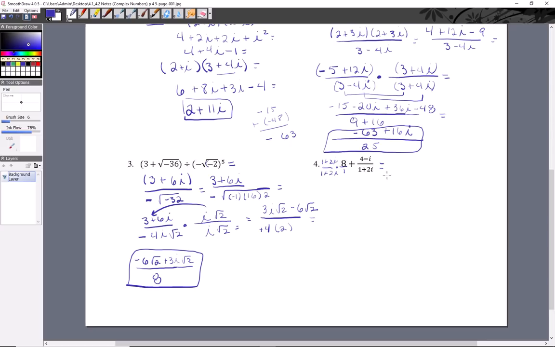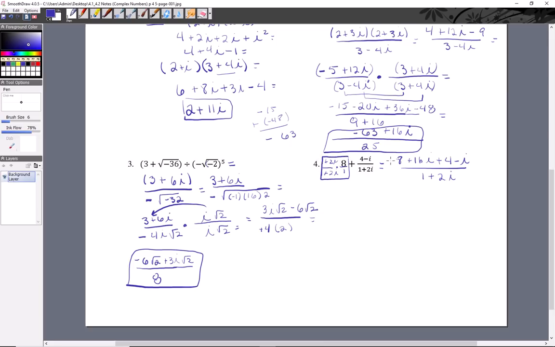And that will give me a common denominator. So you'll distribute the 8 over. That'll be 8 plus 16i plus 4 minus i over, and now you just have a common denominator of 1 plus 2i. Do you see how I did that?